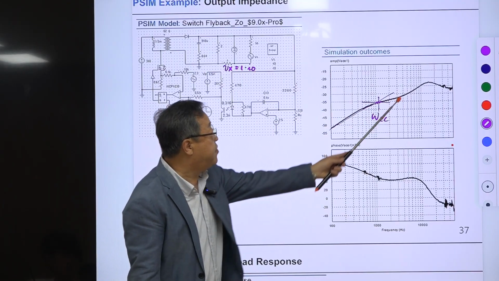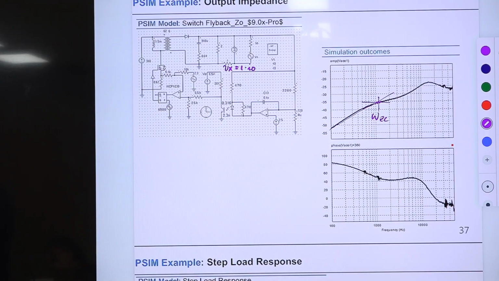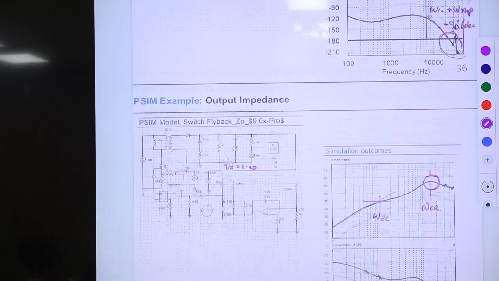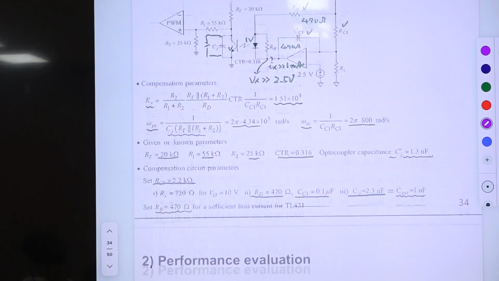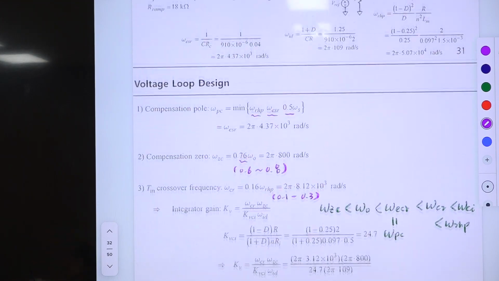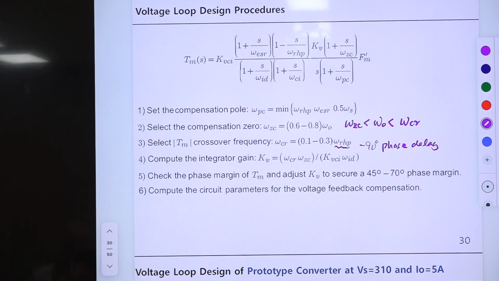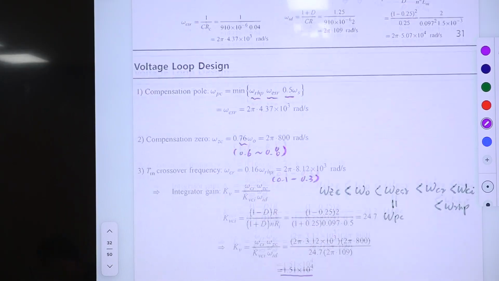Okay, and there is this double pole feature here. So this can be considered the second order characteristics, and this frequency is somewhere, not exactly, but somewhere around the crossover frequency.